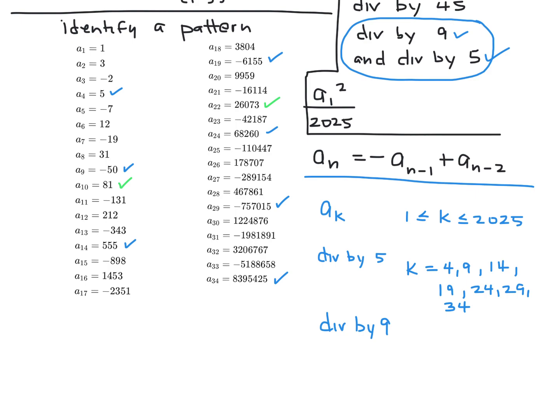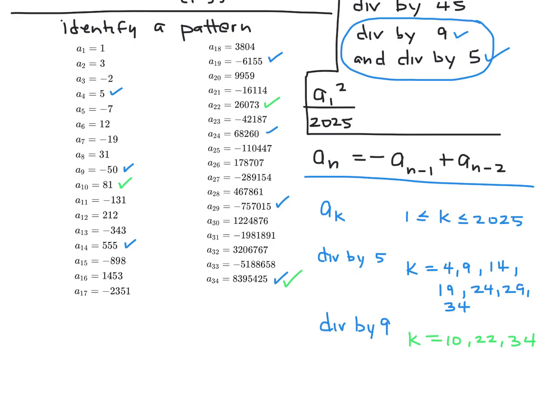And in our list, this one is also divisible by 9. What is it? 8, 3, 9, 5, 4, 2, 5 divided by 9. Yes, it is an integer. Okay, so divisible by 9 for k equal to 10, 22, and 34.